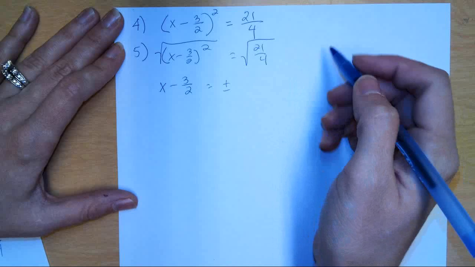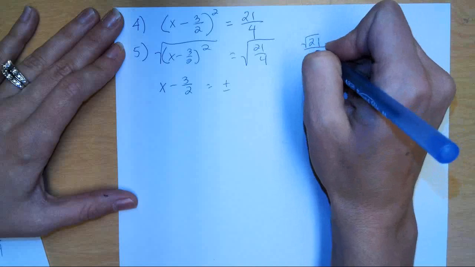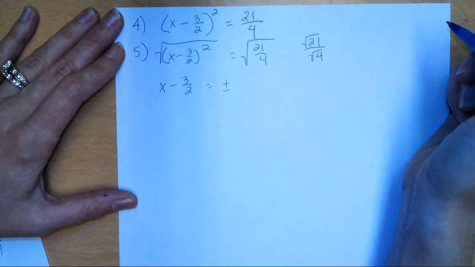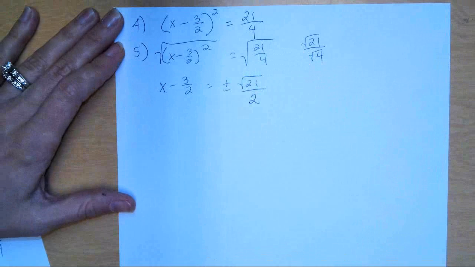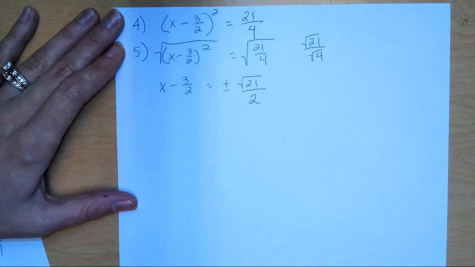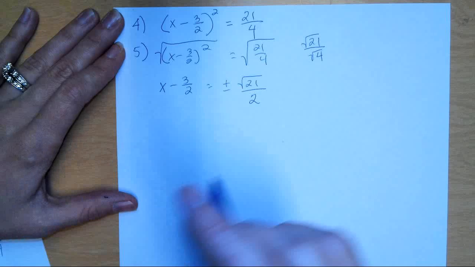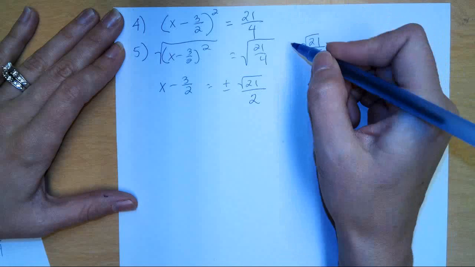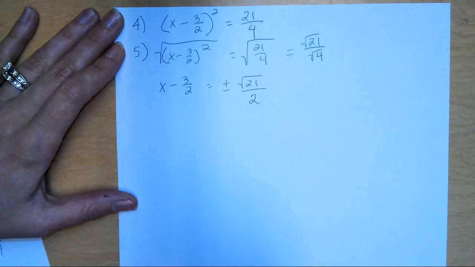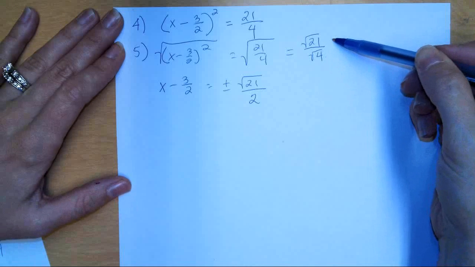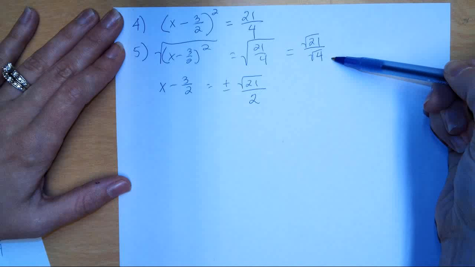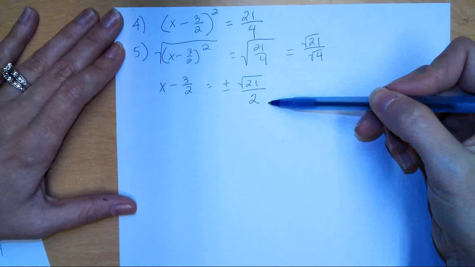You can split up the square roots. So remember by the properties we learned way back in 4.5, square root 21 over square root 4, and then the square root 4 reduces to 2.